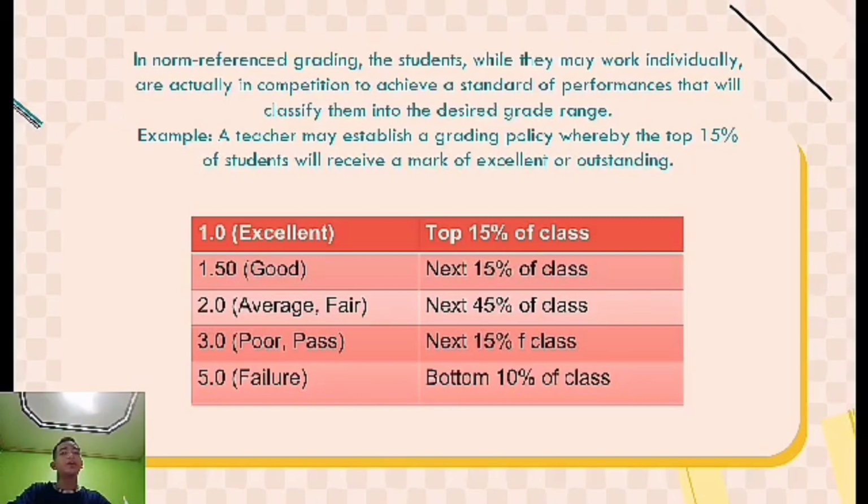The next 15% will get good. Then the next 45%, average, grade 2.0. Then the next 15% is poor, which is 3.0, and the bottom 10% of the class gets 5.0 or fail.